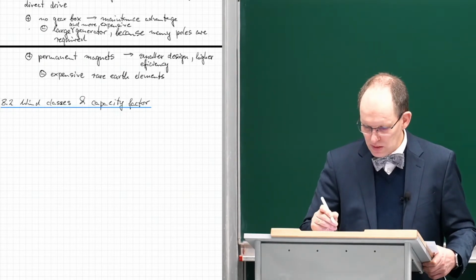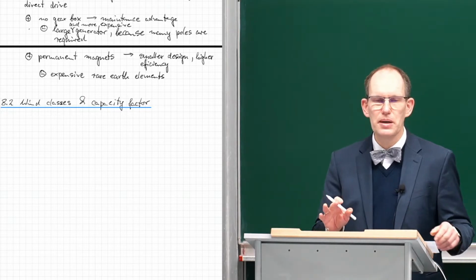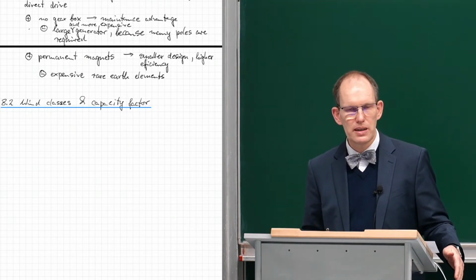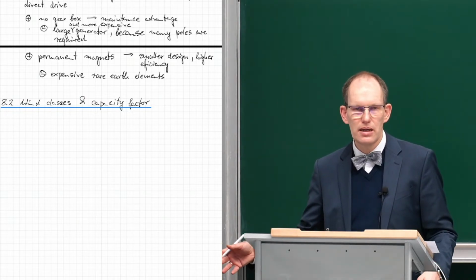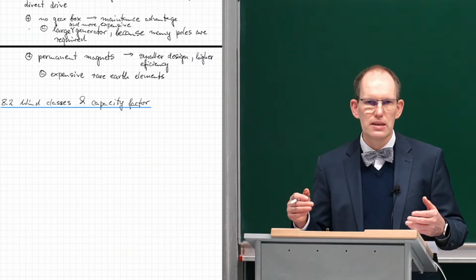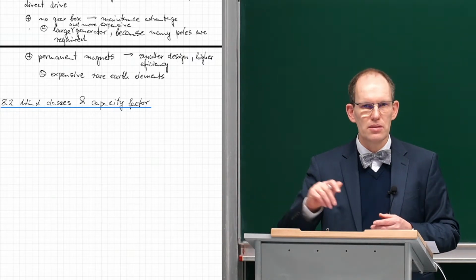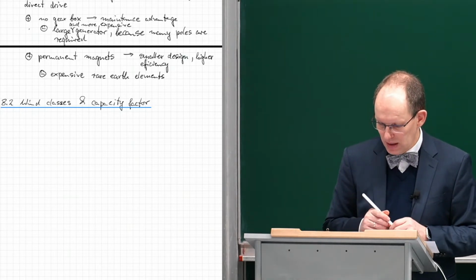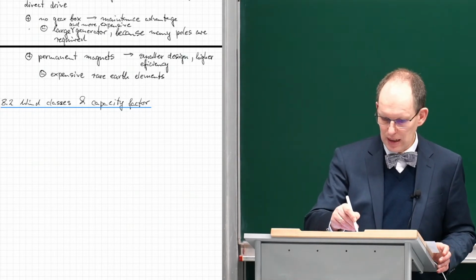We distinguish more or less 3 wind classes, and class 1 are the strongest winds, and class 3 are, well, still sizable winds, and actually some people also talk about class 4, which then would be even weaker winds.